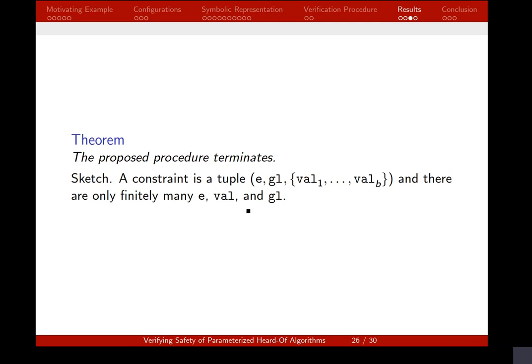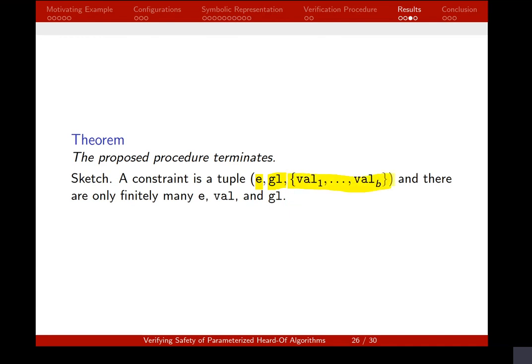Let's have a closer look at that. A constraint is a tuple that consists of three parts. The control location is finite. It's a value from 0 to the number of transitions. The global condition we showed how we over-approximate to be only finitely many. The last part is the set of process groups.